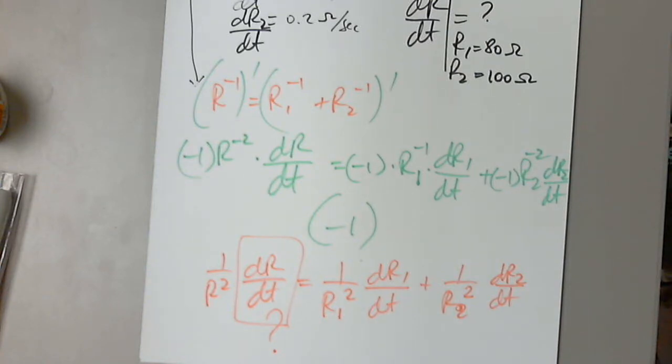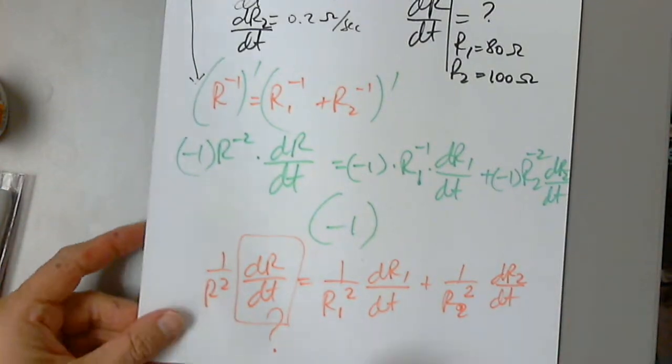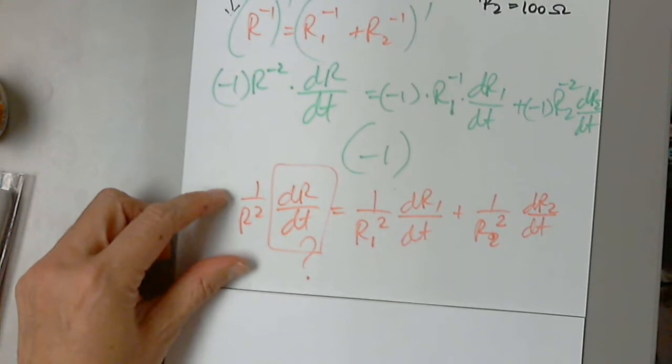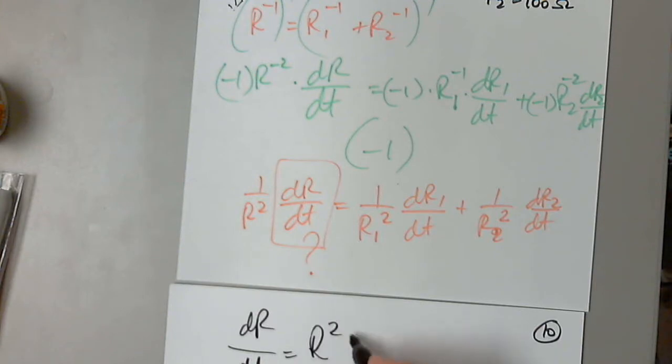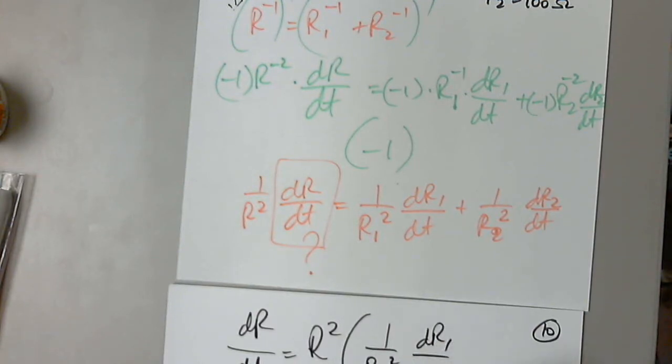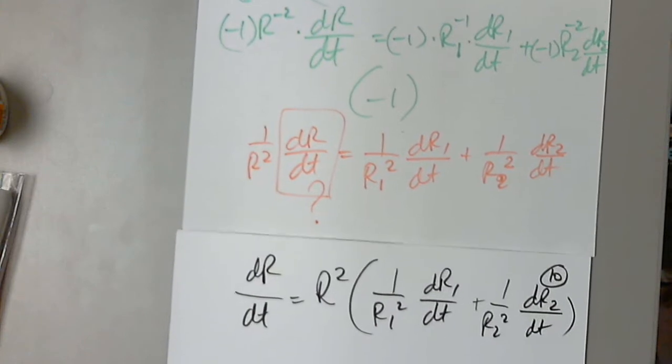Ready? So what do you recommend now? Multiply by R squared. Excellent. R squared times 1 over R1 squared, dR1 over dt, plus 1 over R2 squared, dR2 over dt.